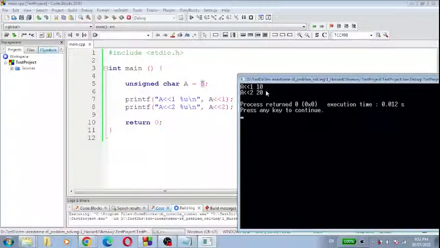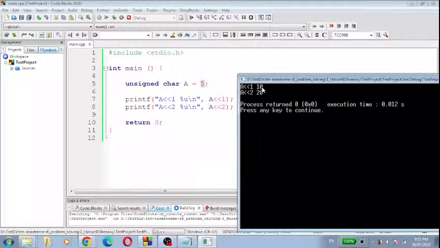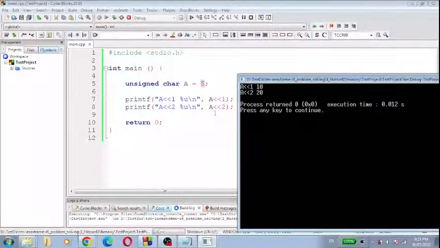You see, firstly a was 5, now I shifted by 1, I got 10, which is 5 by 2 actually. So here I'm going to multiply 5 by 2 to get 10, and now when I'm shifting for the second time, I got 20, which is the multiplication of 10 actually, you see.